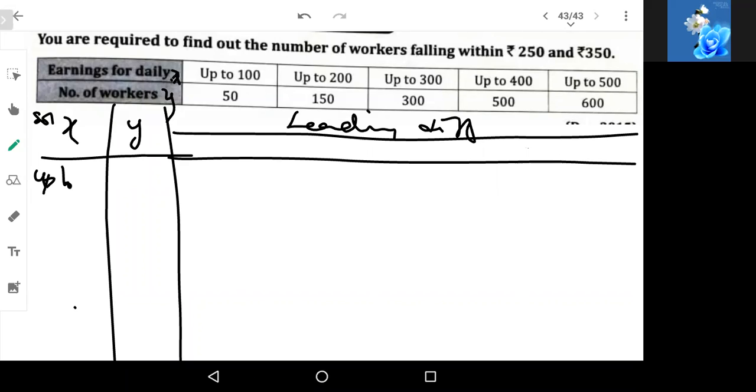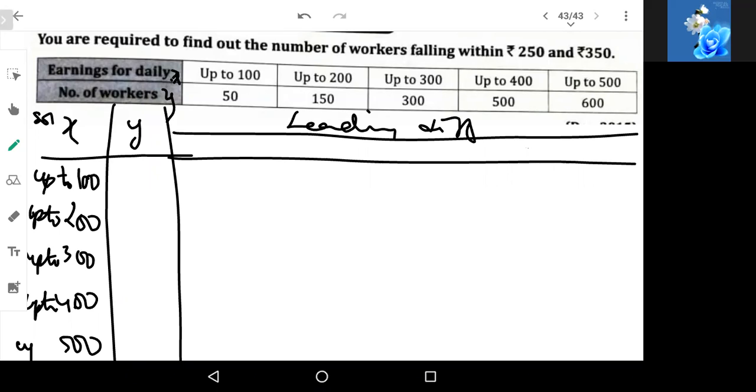So up to 100, up to 200, 300, 400, 500. And since it's an open-ended class interval, you have to write down the frequencies as they are, because it will be cumulative in nature. So it is already cumulative. So 50, 150, 300, 500, 600.